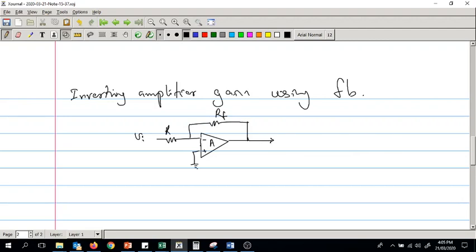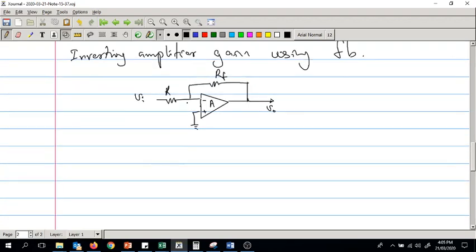Now this is V out, and we know that this is VE. Let's start with the non-inverting amplifier.